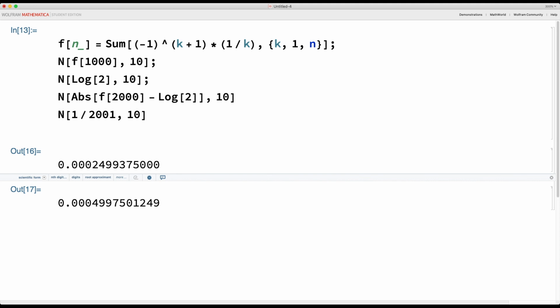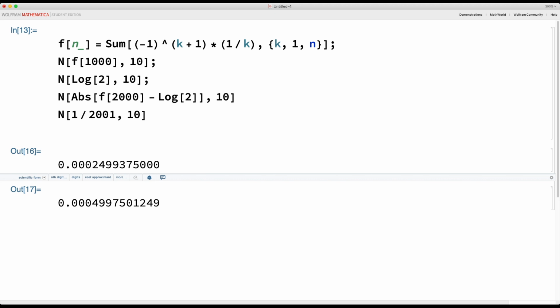I added up all the terms up through 1 over 2,000, so the first term I didn't add was 1 over 2,001. 1 over 2,001 as a decimal is that bottom number, 0.00499, blah, blah, blah. The error I committed by adding up only 2,000 terms was this 0.0002499, blah, blah, blah. The value of the first term I omitted was the 0.0049, blah, blah, blah.